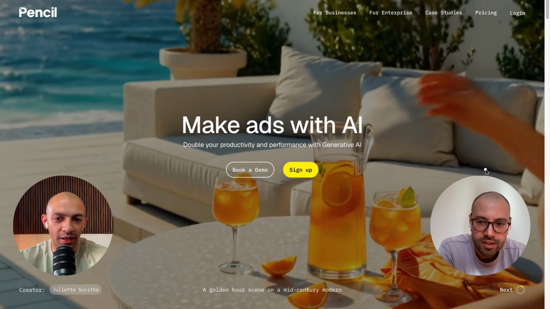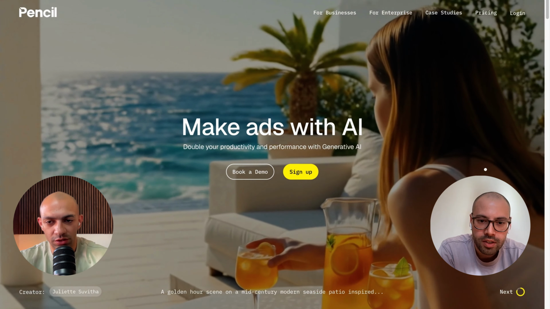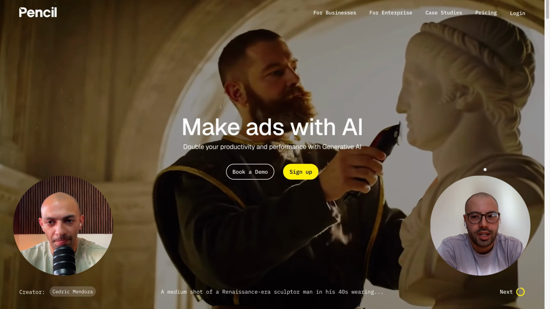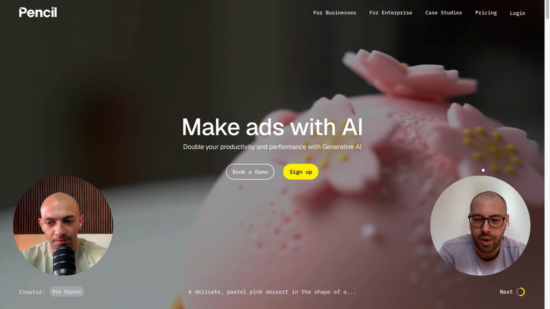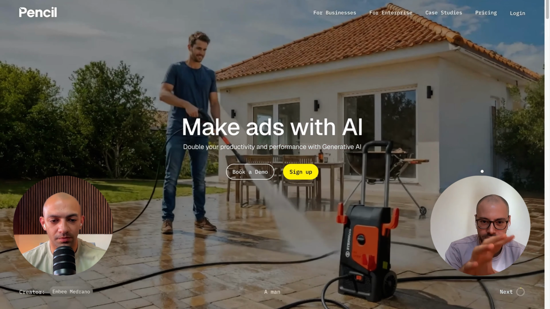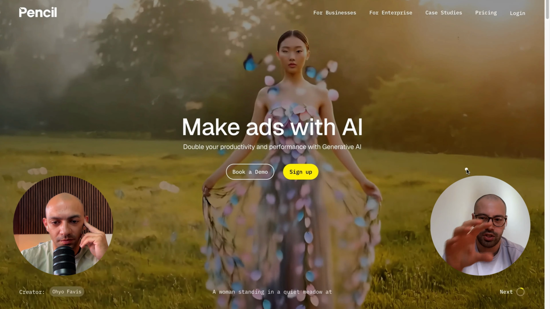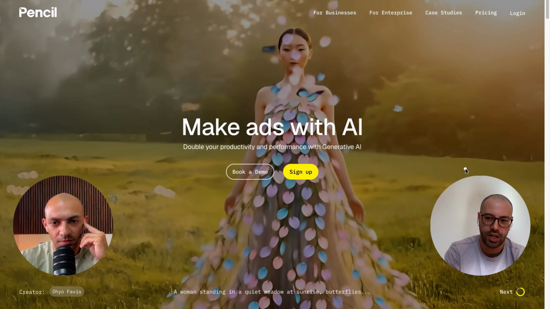Is this a native GSAP slider, or is it using Swiper or any of the libraries? It's basically a custom JavaScript slider that is triggering different GSAP animations at each instance.